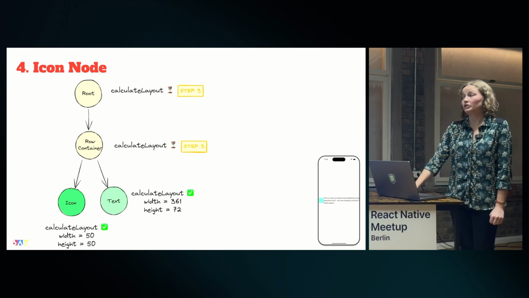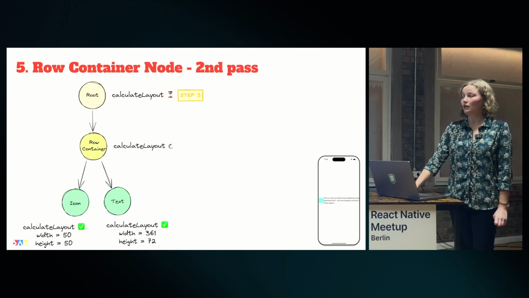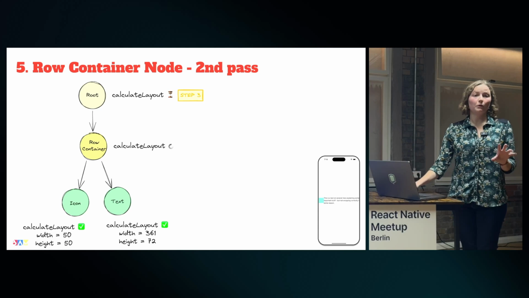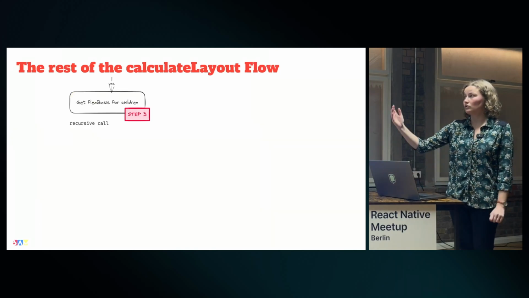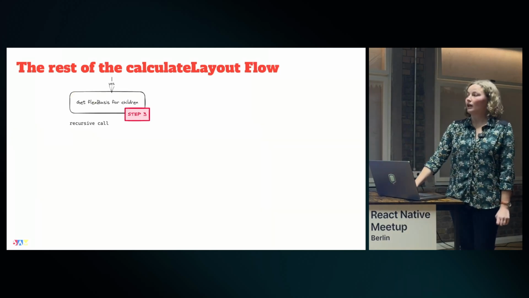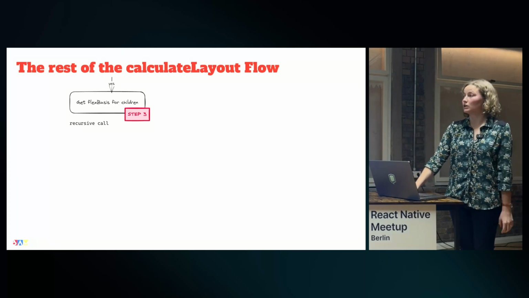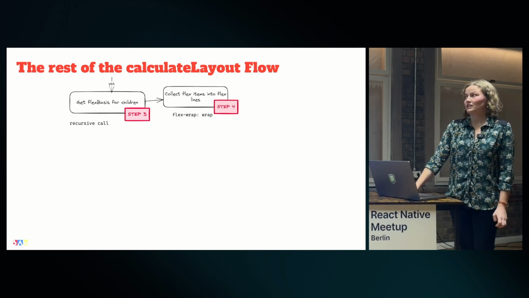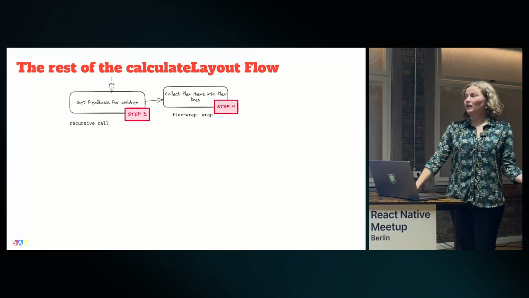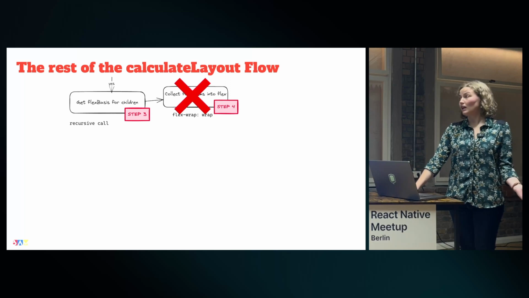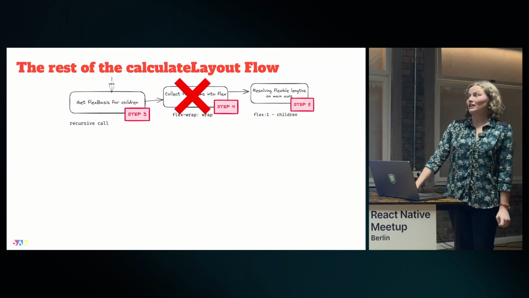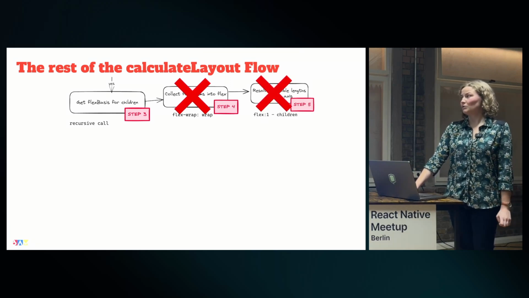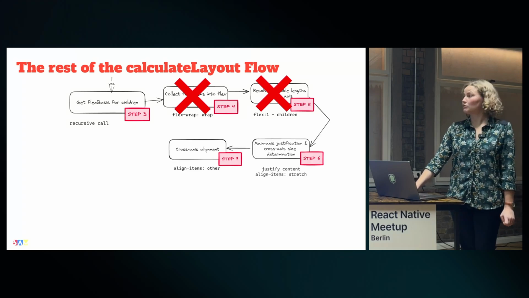OK, and now we just have to move up the tree. Once we have every child computed, you can go back to the container and follow the full layout flow that we skipped for the children. It's the 10-step computation, collecting flex items into flex lines. We don't care. We don't have flex wrap. Resolving flexible lengths, we don't care. We don't have flex factors on our children.